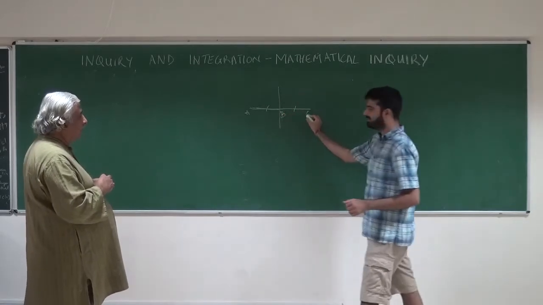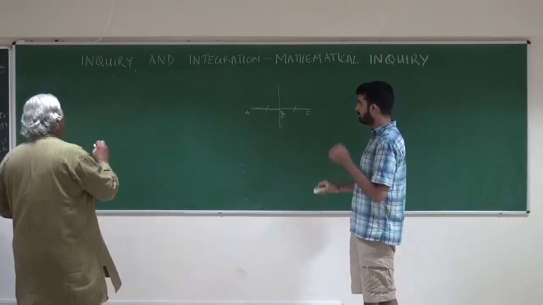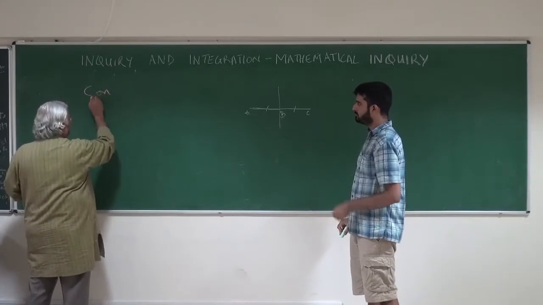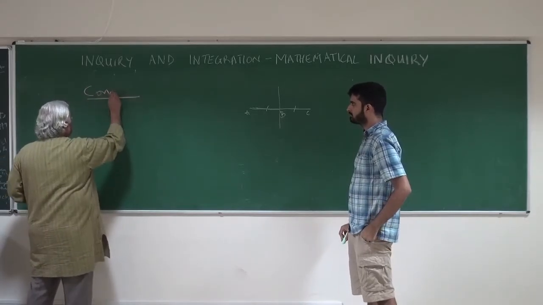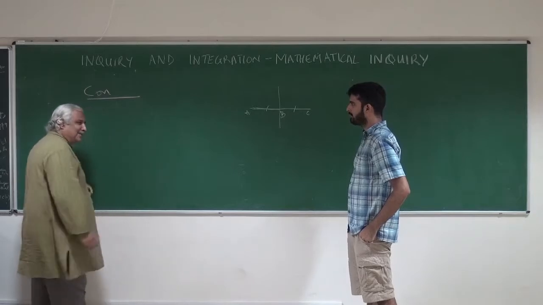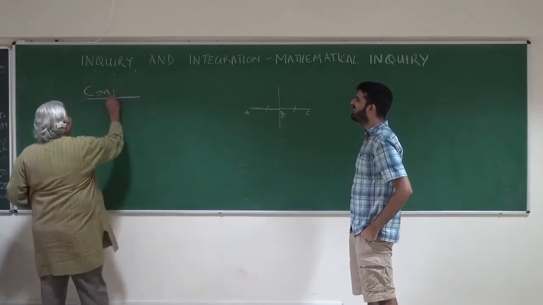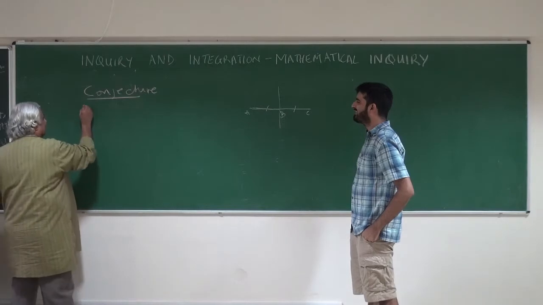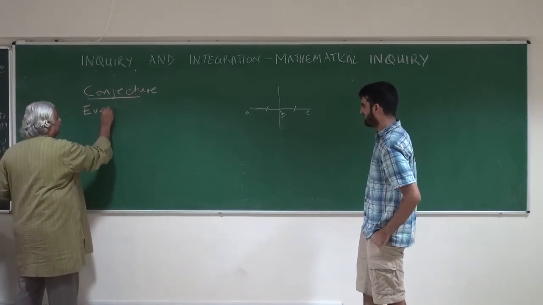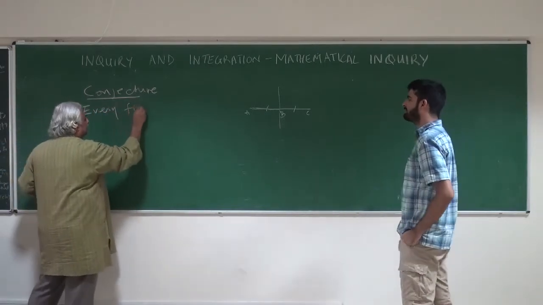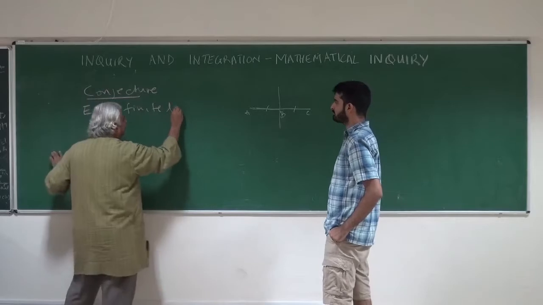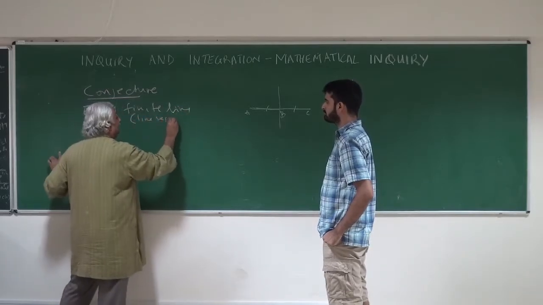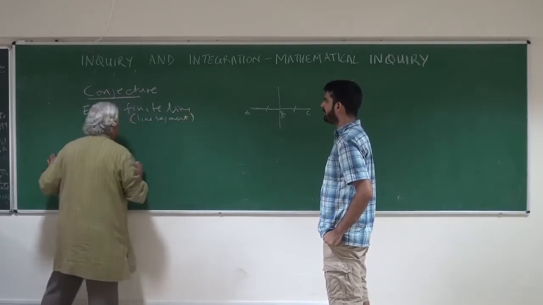AB equals BC. So let me write that down. What's the conjecture? So the conjecture is every finite line, sometimes people call this a line segment. Let's say straight line.